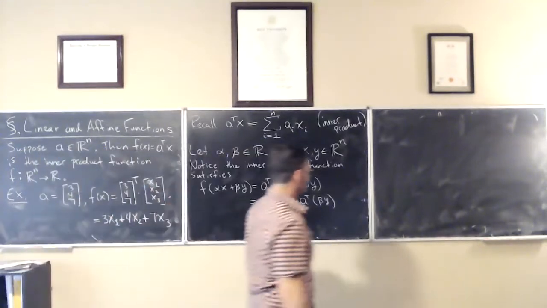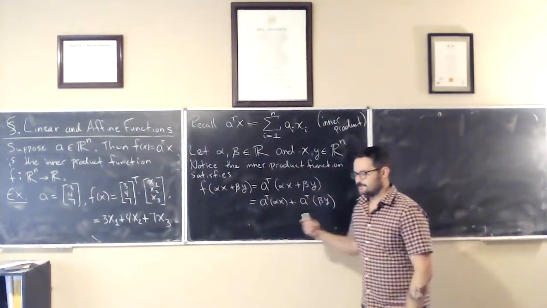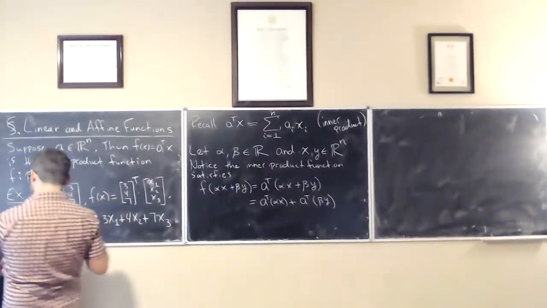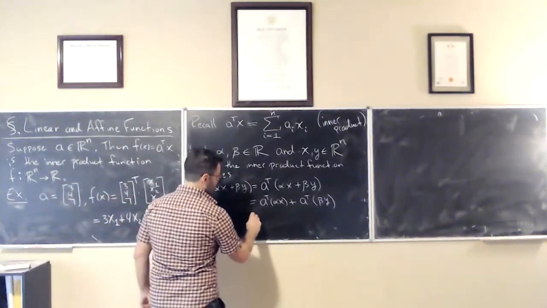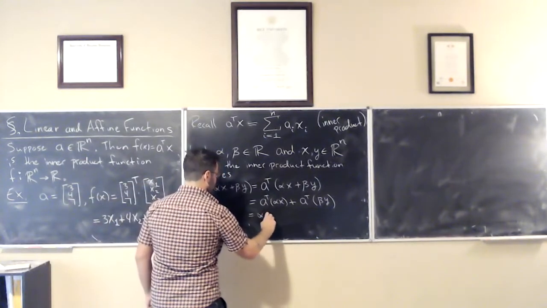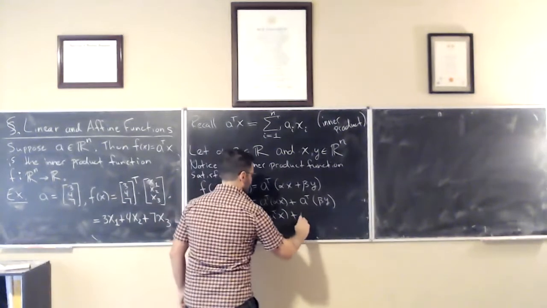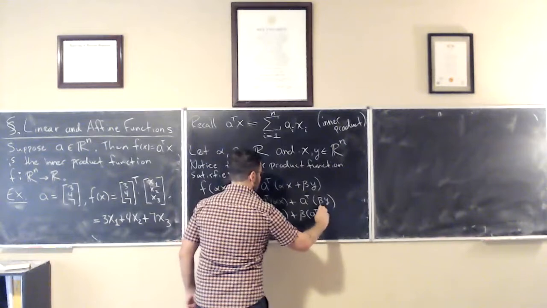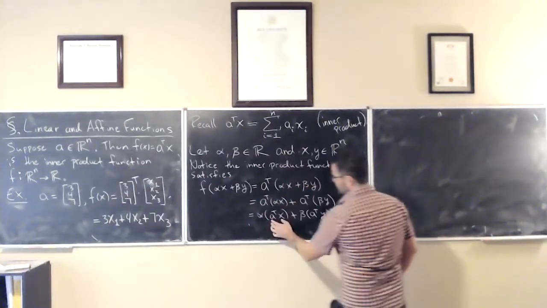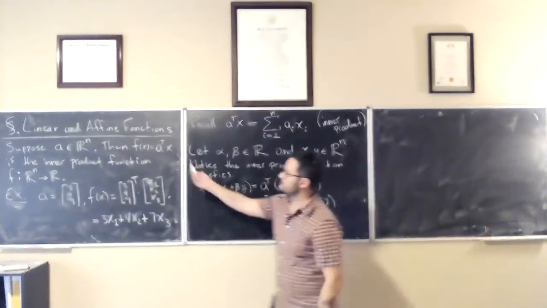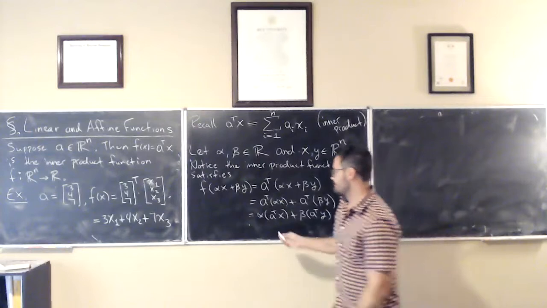But I know that multiplication of scalars is commutative. So now I can write this as alpha times A times x plus beta times A times y. Oh, but now this is f of x, right? If that's the inner product, this is f of x and this is f of y.